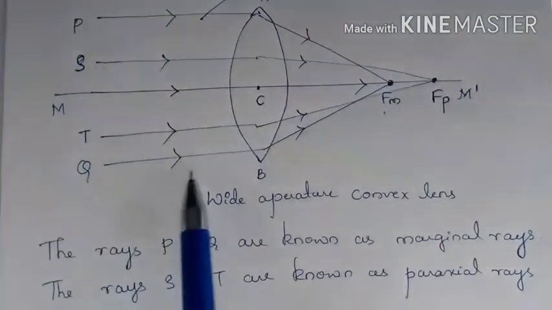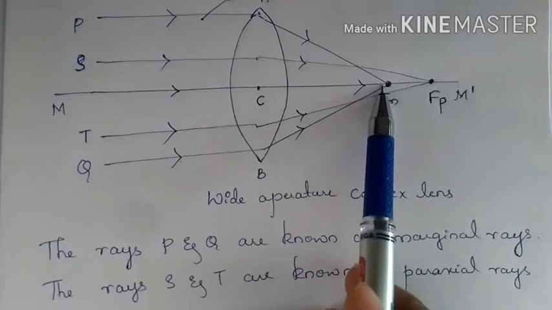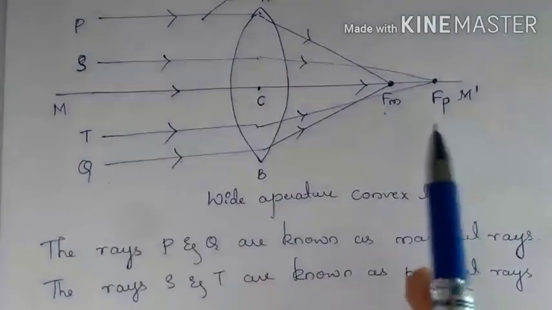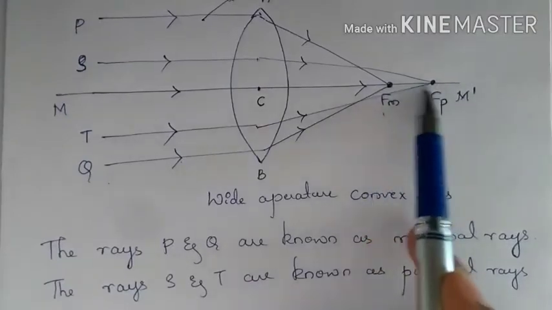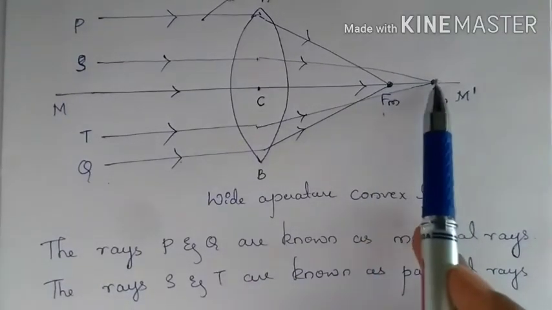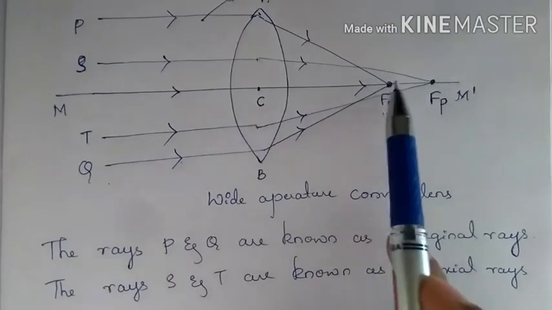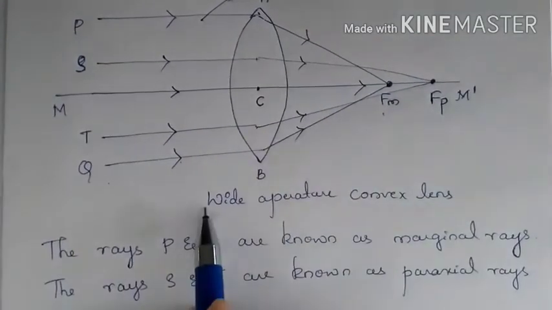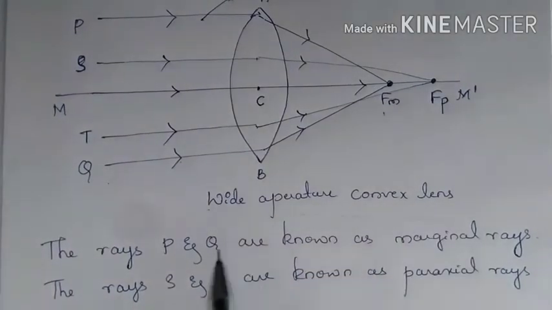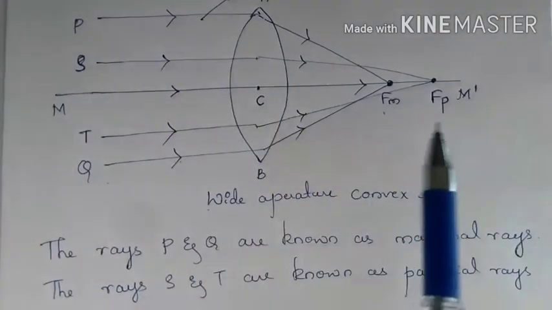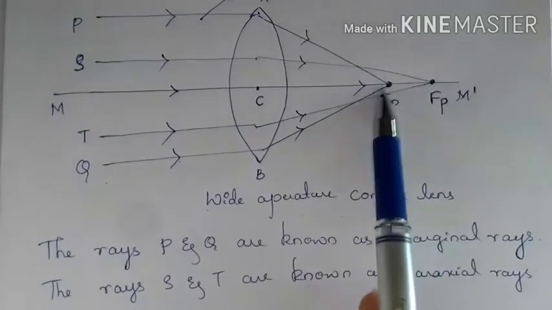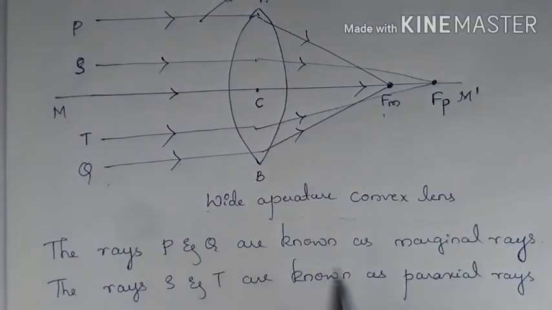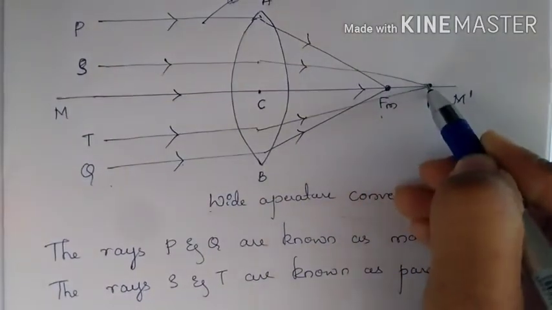The marginal rays meet at point FM. The paraxial rays S and T meet at FP, and there is a difference between FM and FP. FP is not coinciding with FM. This is happening because we are using a wide aperture convex lens. If the lens is a thin lens, then FP will be equal to FM. So there is a gap between FM and FP.